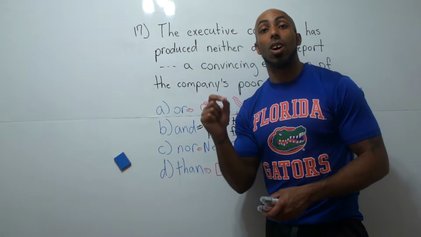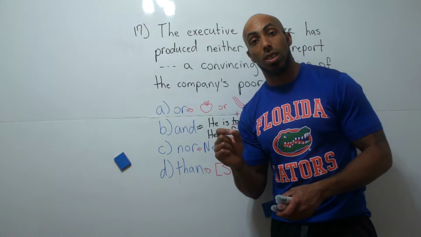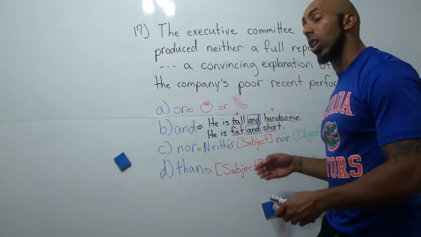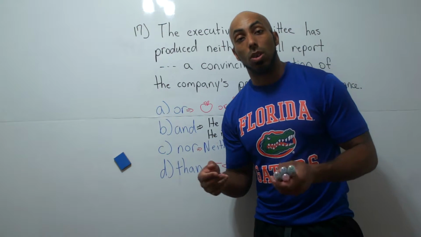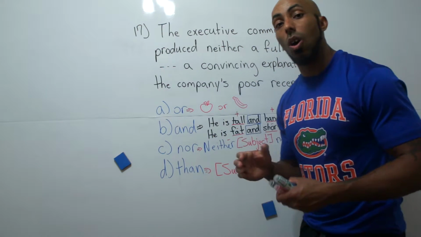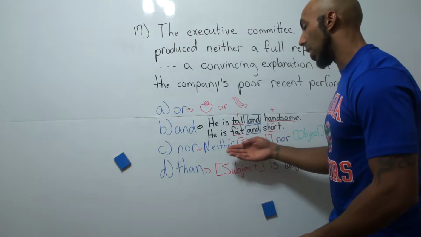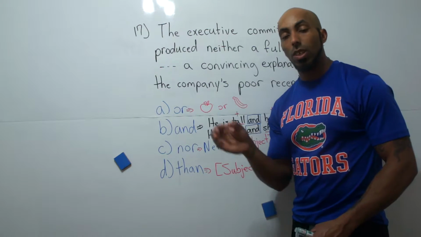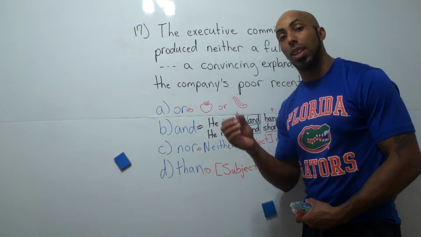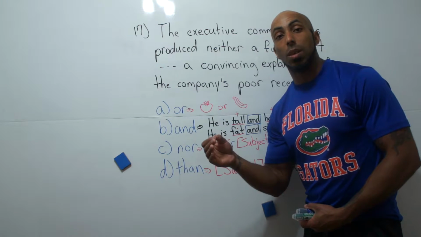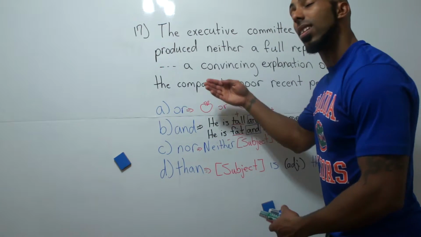It is the lack of desire, the lack of want in the subject and the object to wake up early. Okay, so you can always think of neither nor as being negative. Okay, it's going to talk about the lack of something or the inability of something, as it does in our example.